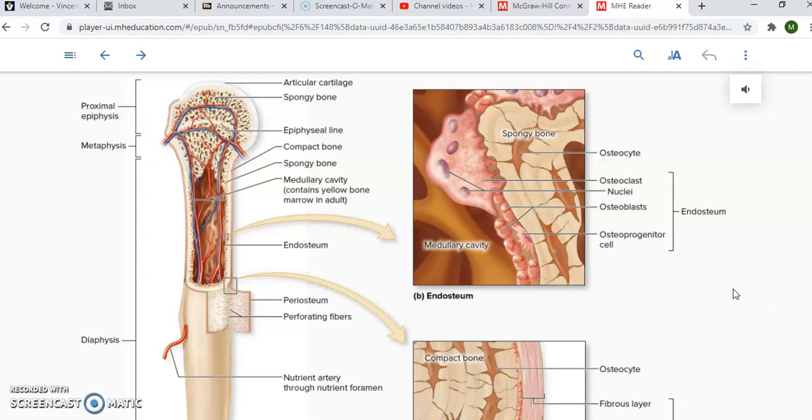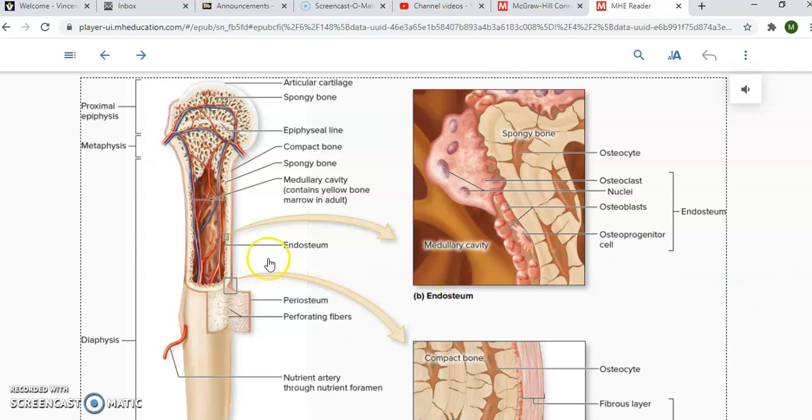So if we were to take an X-ray of our bones, especially when we're younger and still growing, we'll have evidence of an area between the epiphysis and the diaphysis, and it is an area where cartilage will be remaining until our bones get to the proper length that they have the potential to be.